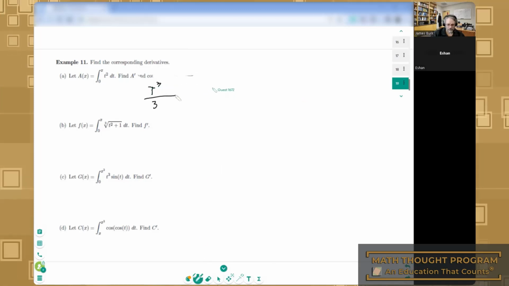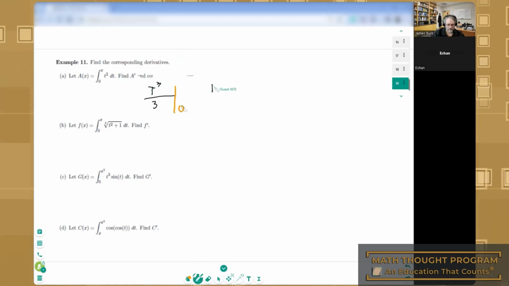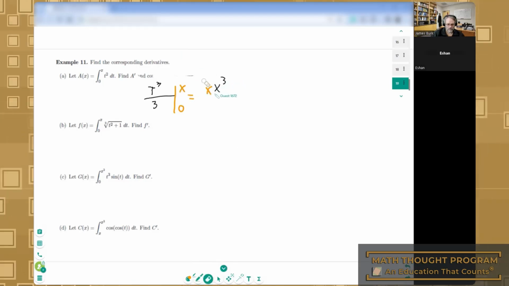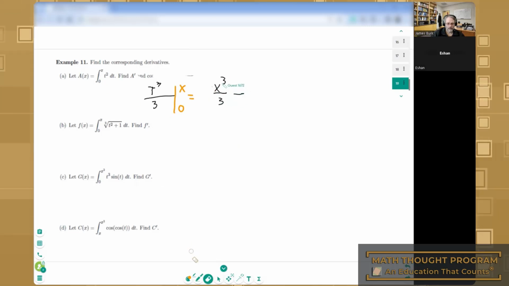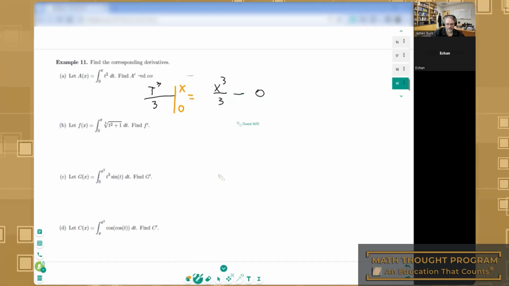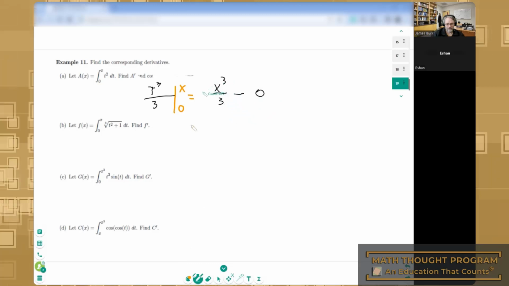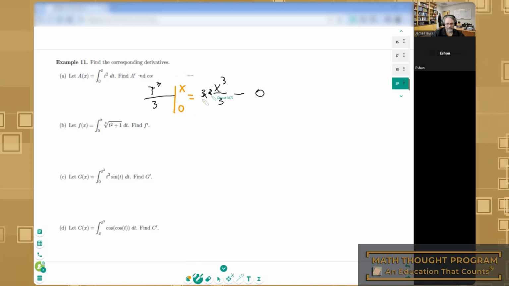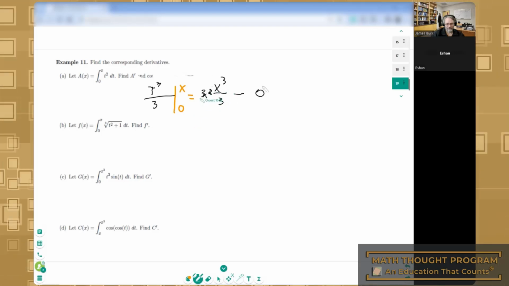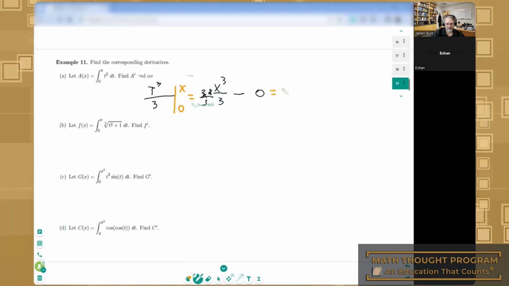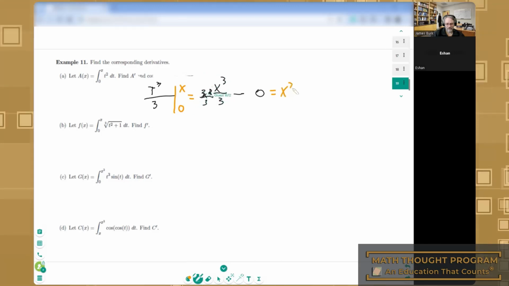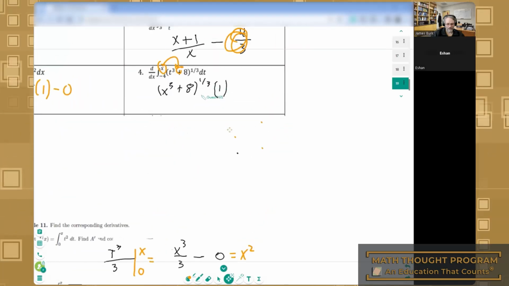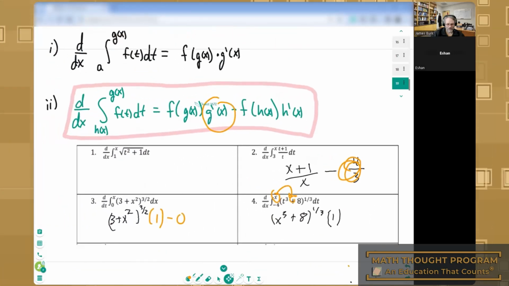If you were to use the fundamental theorem of calculus, you would plug in from 0 to x, then take its derivative over 3. And your answer is going to be simply x squared.